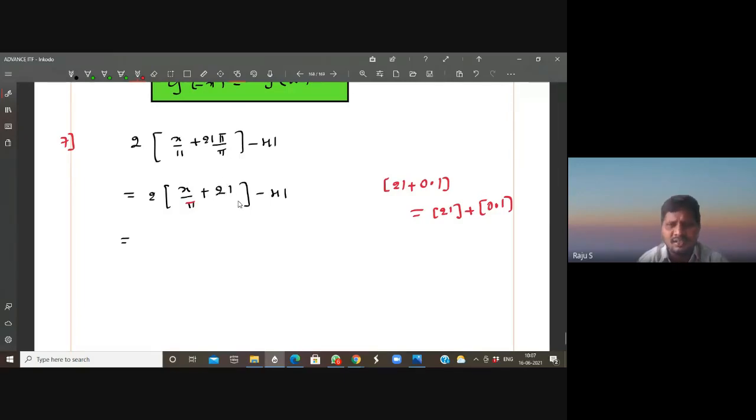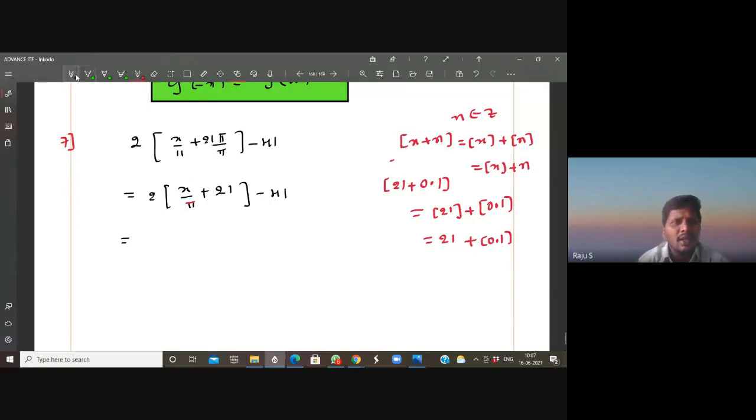Anyhow, an integer is there. 21 is the integer. If x plus n is any integer, it can be written as x plus the greatest integer of n, where n belongs to Z. So whenever it is an integer, you can write x plus small n. 21 becomes 21 only here, 21 plus greatest integer of 0.1, and that is 0.